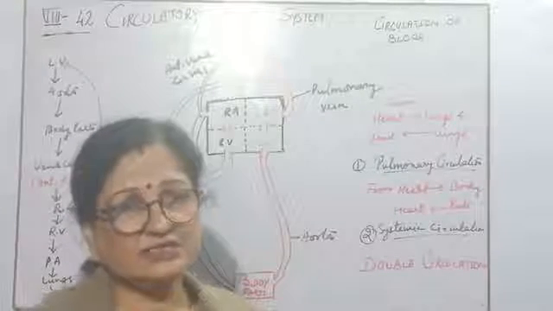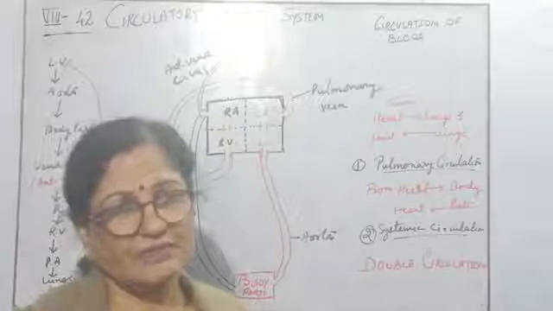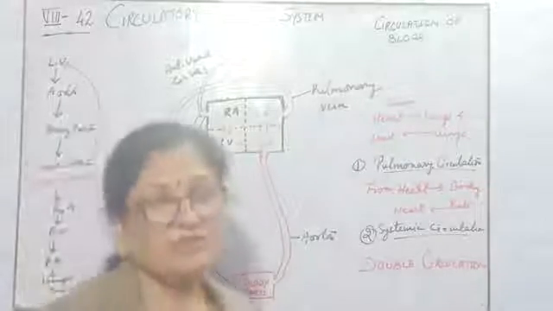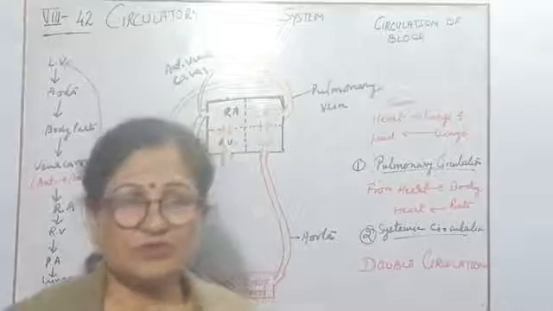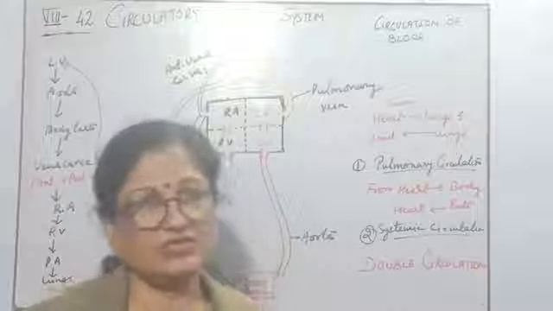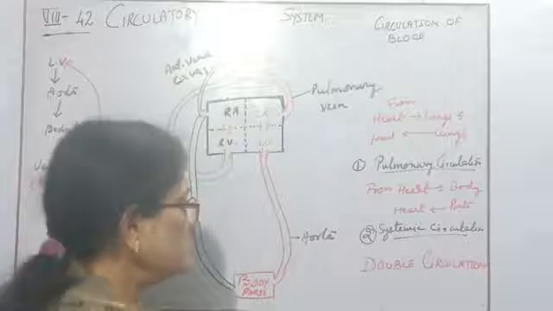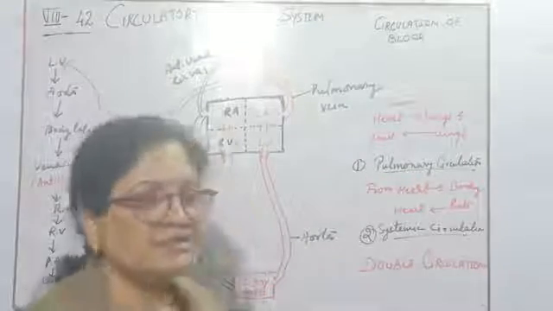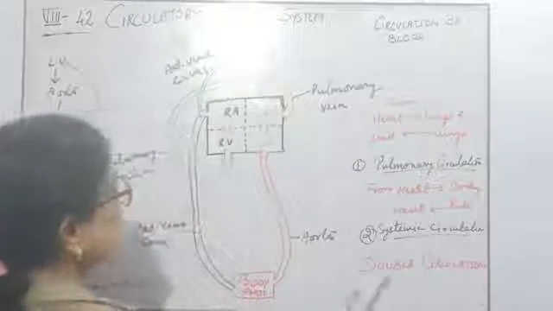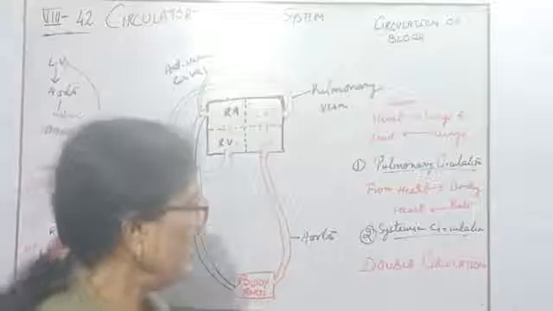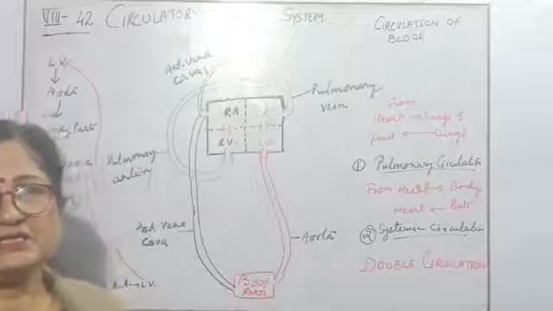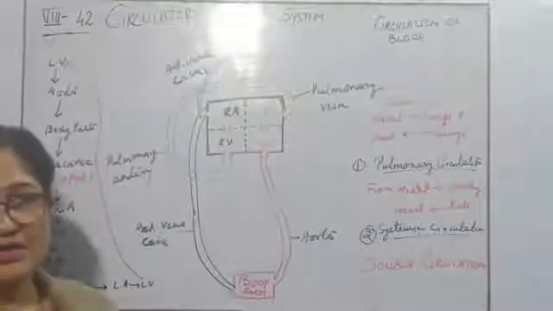So children, this is known as the double circulation because blood flows twice through the heart to complete one circulation. This circulation is present in the human body, and in this way human beings complete the circulation in the body.